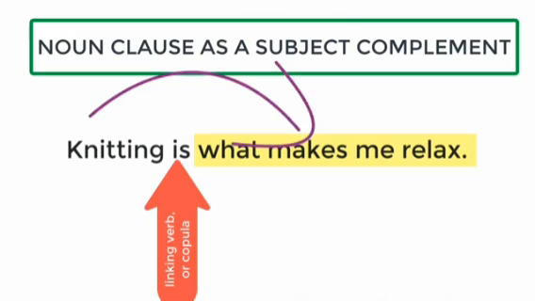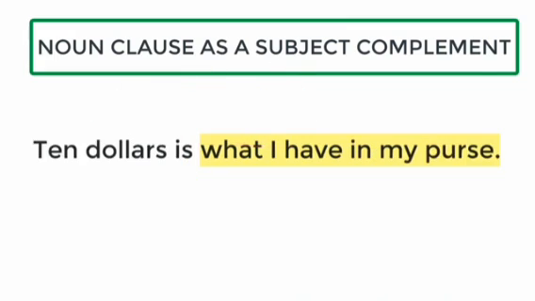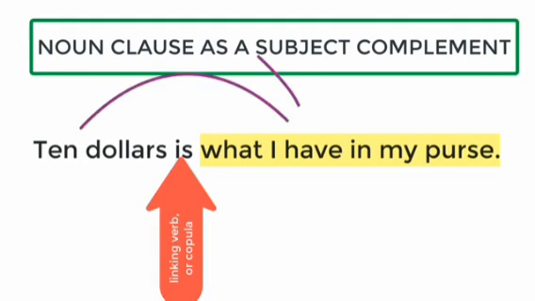So what makes me relax is describing knitting, the subject. $10 is what I have in my purse. What I have in my purse is describing the $10, the subject. So it means the subject complement there.